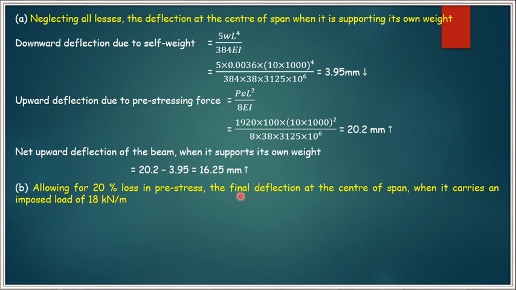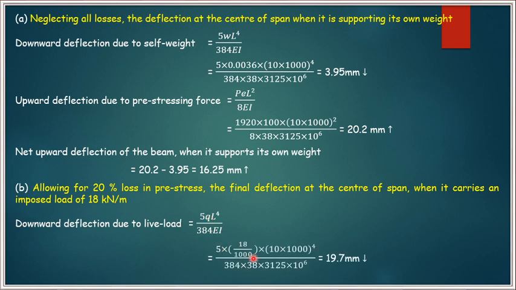The final deflection at the center of span when it carries an imposed load of 18 kilonewton per meter, we have to find out. Downward deflection due to live load, we are going to calculate. This formula was 5WL raised to 4. I have changed it to 5QL raised to 4. Q, we are considering it as live load in this particular formula.